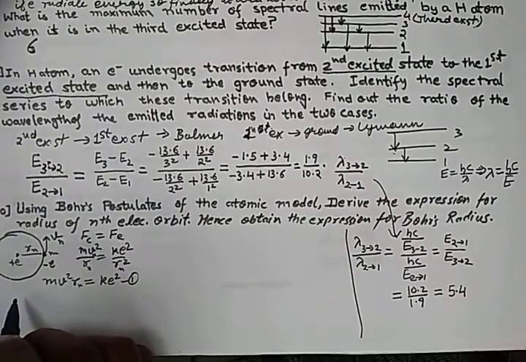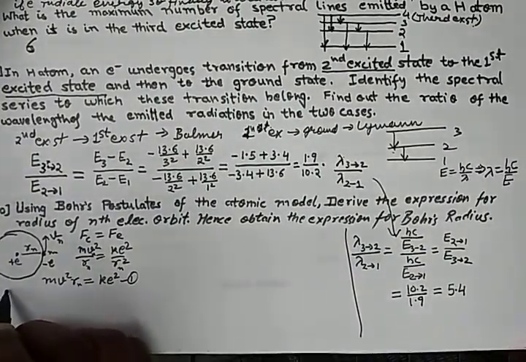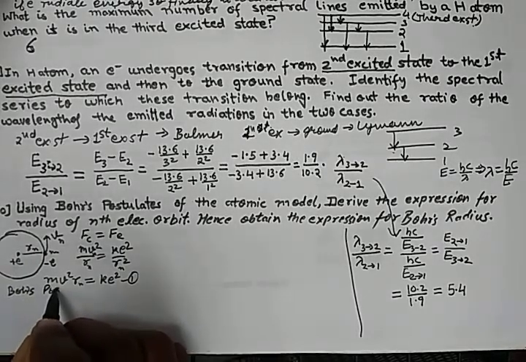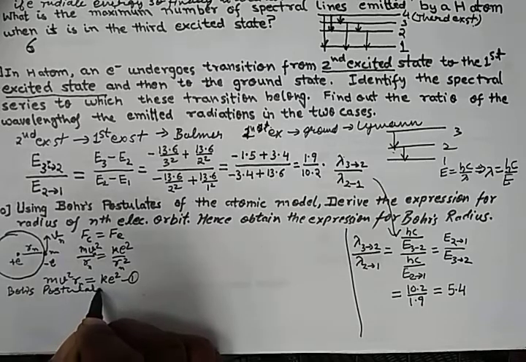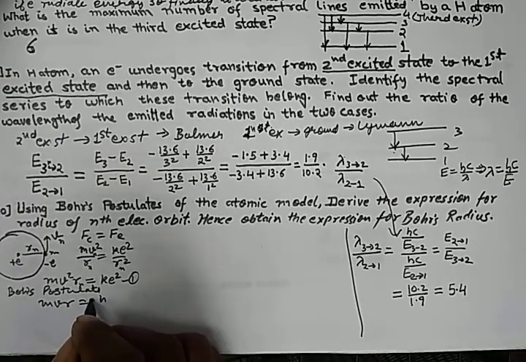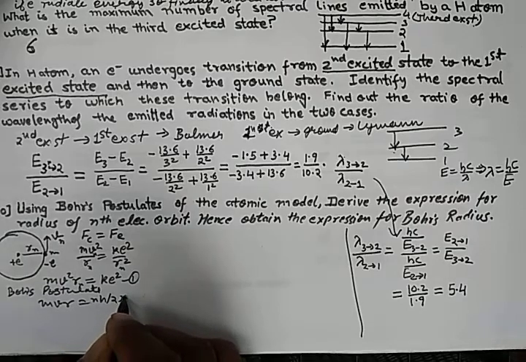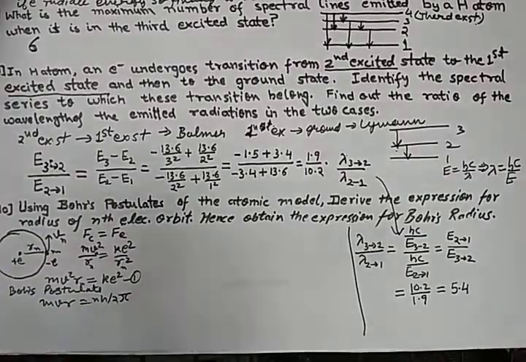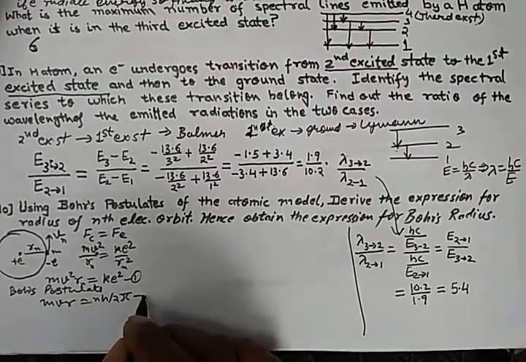Now we know that by Bohr's postulate, m v r equal to nh upon 2 pi. So we will divide both of them, and I am directly writing what was the outcome of that.